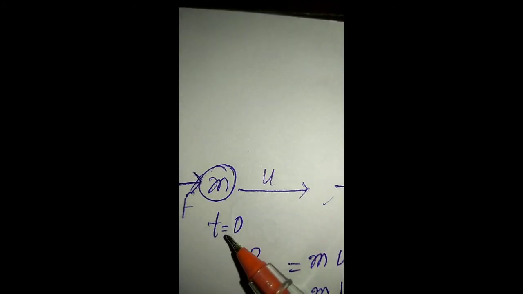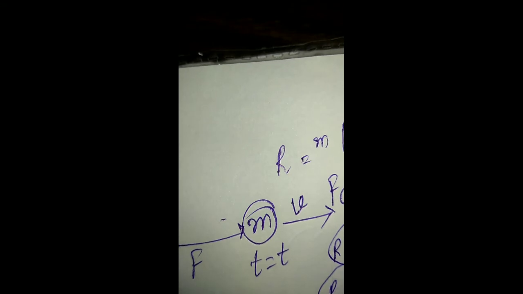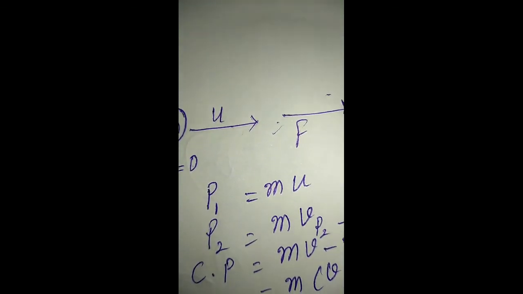So we have derived, considered one body with mass m and its initial velocity at time t equals 0 seconds is u, and when you are applying external force, it moved and its velocity changes to v and time from 0 to t. So let us deduce the formula now.